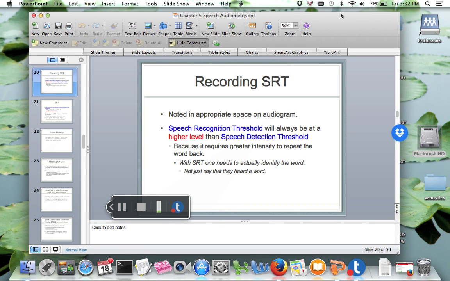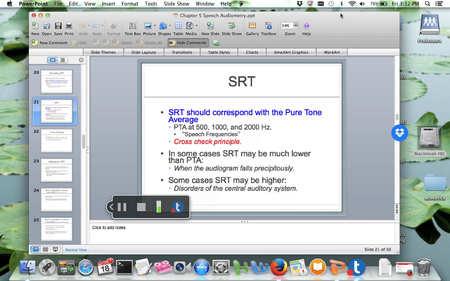Okay, so going back over here, remember I said it's easier to detect speech than it is to recognize speech. Therefore, your recognition threshold is always going to be a bit higher than your speech detection threshold. Your speech recognition threshold should correspond with your pure tone average.